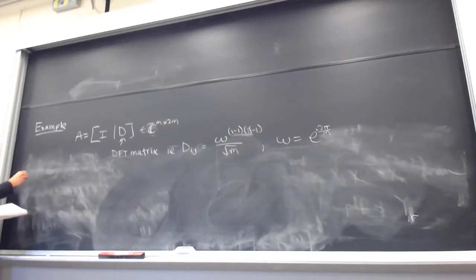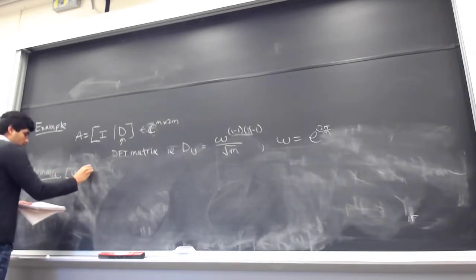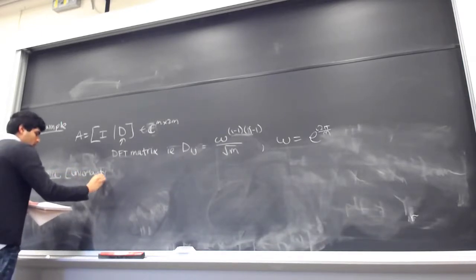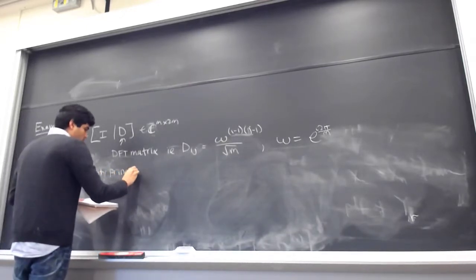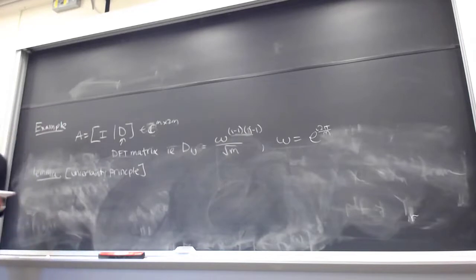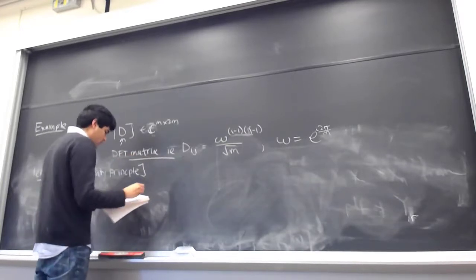So the key lemma that we're going to prove, which we're going to use for a lot of things today, is called an uncertainty principle. But maybe you won't see quite yet why you should interpret it as an uncertainty principle. The basic idea, and this is a more general phenomenon, but I'm going to state it in one particular case.